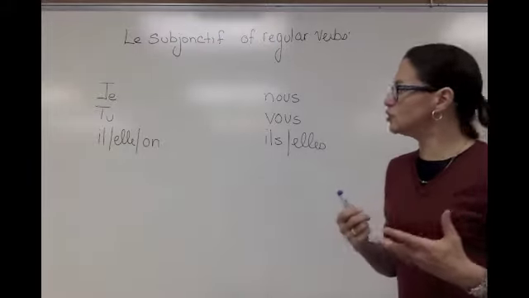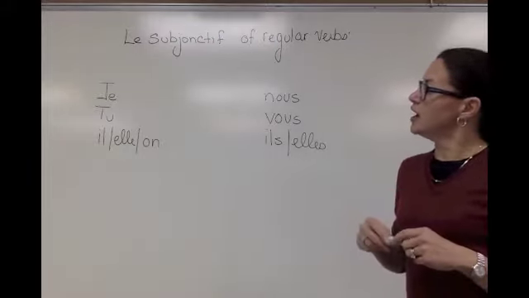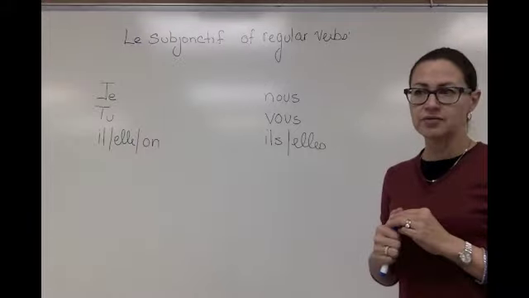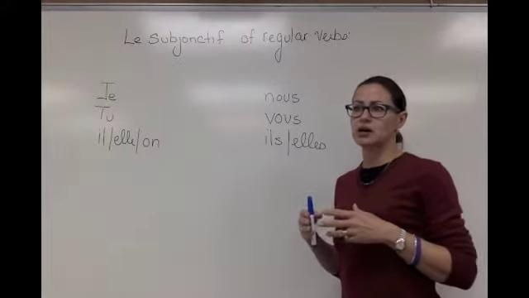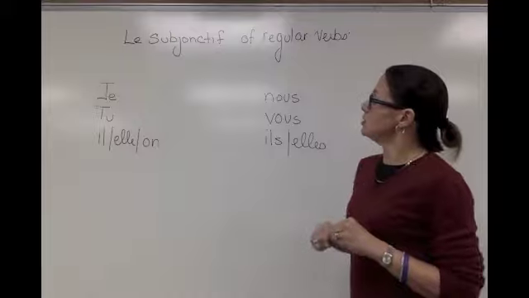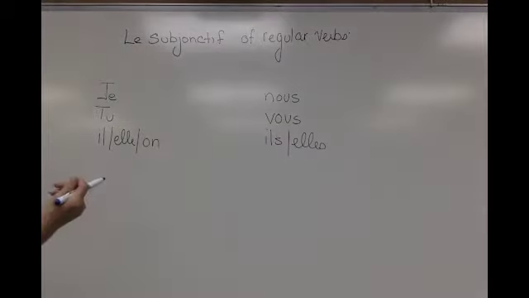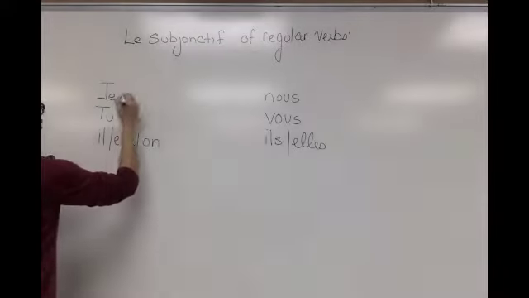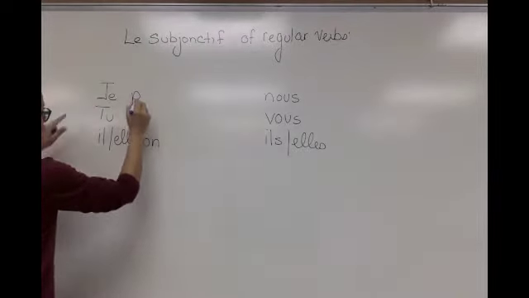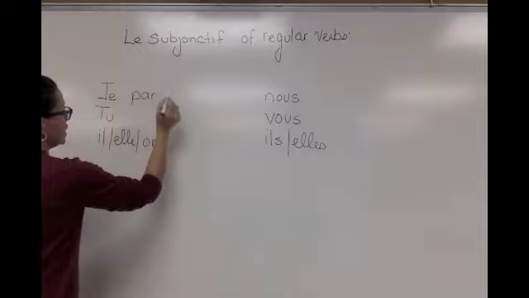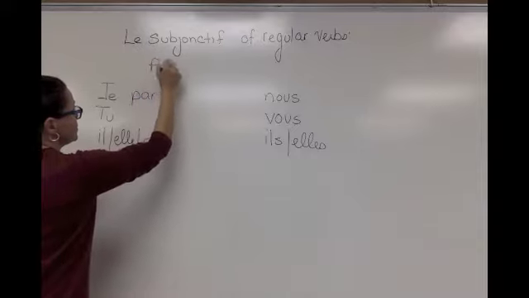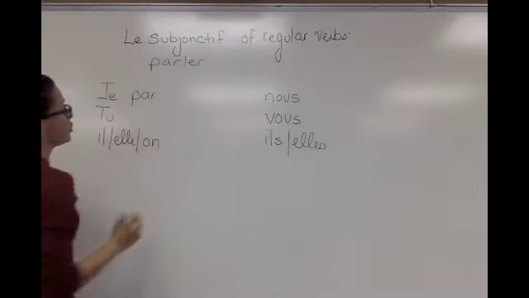All right, so how do we create a subjunctive? Like I said, the majority of the verbs are going to be treated as regular. So the first one that we're going to look at, let's take an ER verb. Let's take the verb parler. Parler is a regular ER verb.